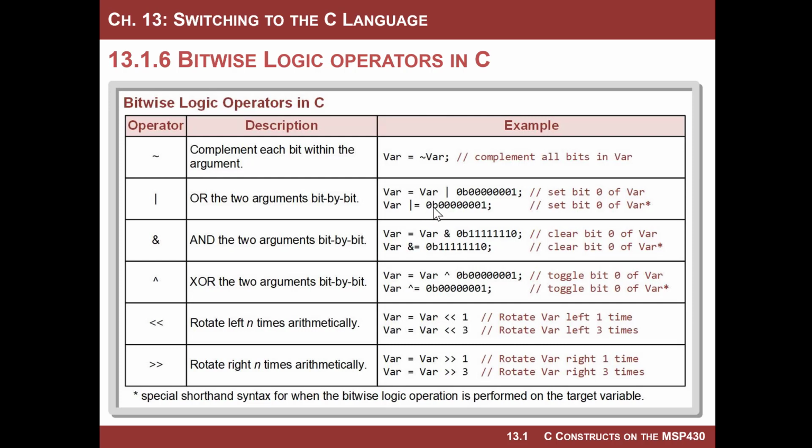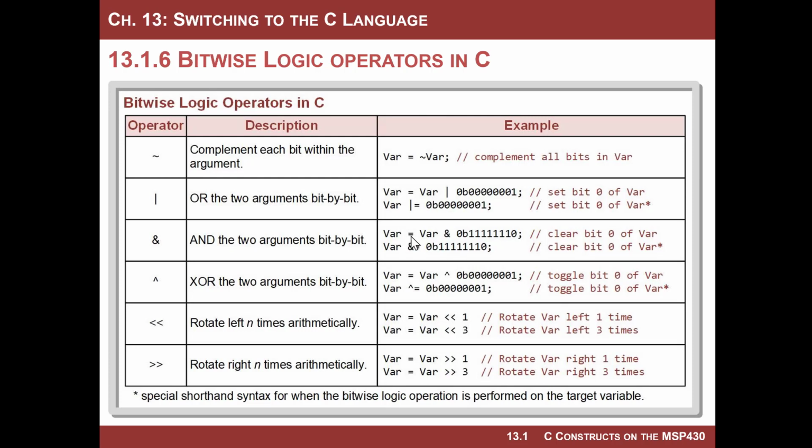What this does is it knows by this shorthand that you are going to apply this operation with this value, in this case a mask, to this variable, and then assign it back to that variable. And this is how we do a lot of the bit configurations, because it's a little bit shorter. You can do it either way. They're exactly the same. It's just a little shorthand syntax-wise. But what this would do is set bit 1 in var.